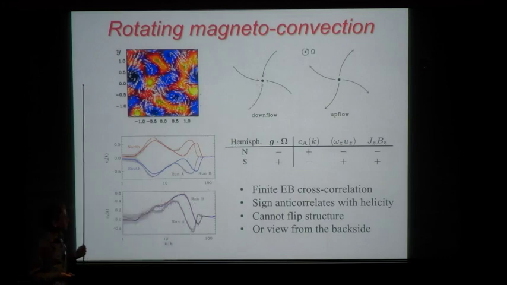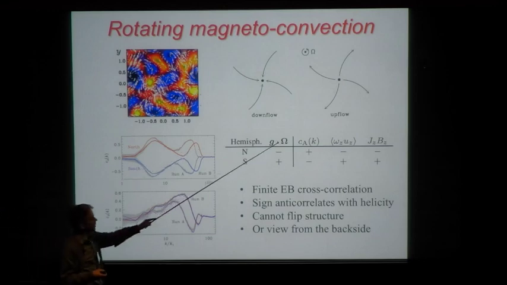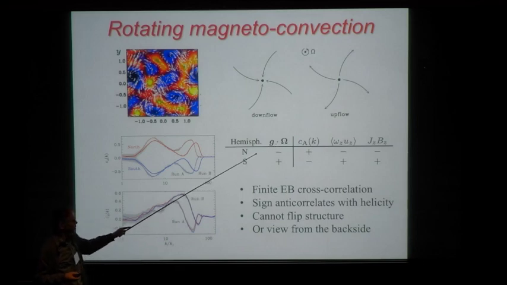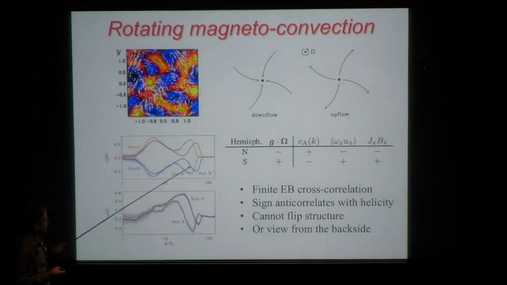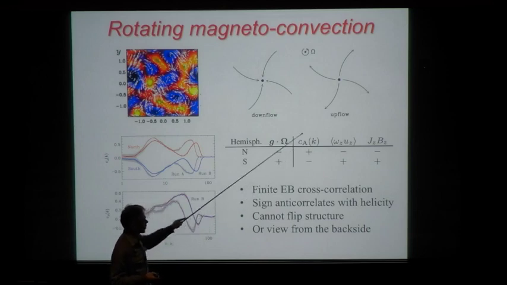So now a numerical experiment with rotating convection is shown here. We see here the antisymmetric part of the spectrum, and we clearly see it is different from 0 for the first time. If we change the angular velocity the other way around, corresponding to going from the north to the south, we have the opposite sign of the antisymmetric cross polarization, EB cross polarization.